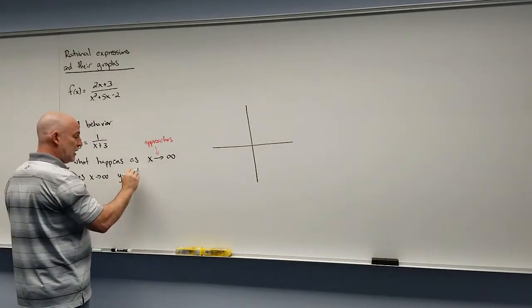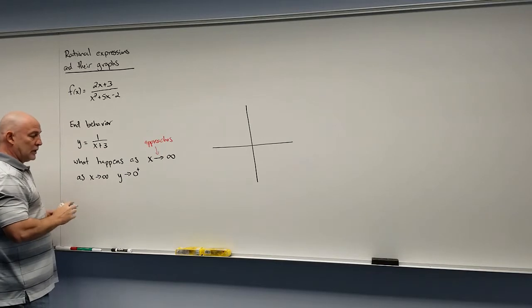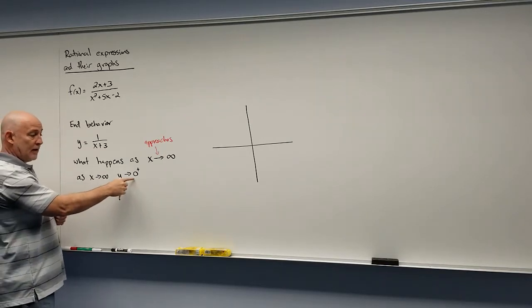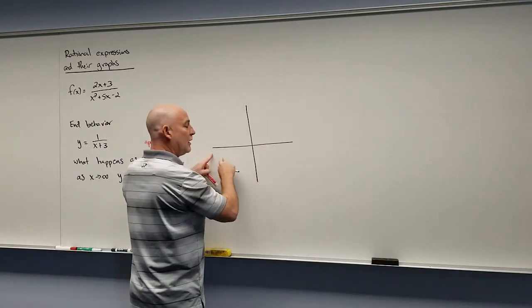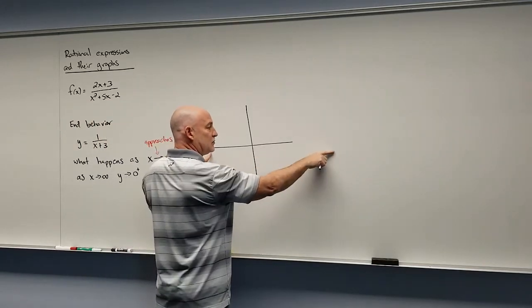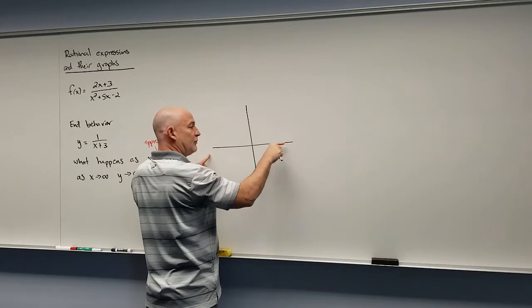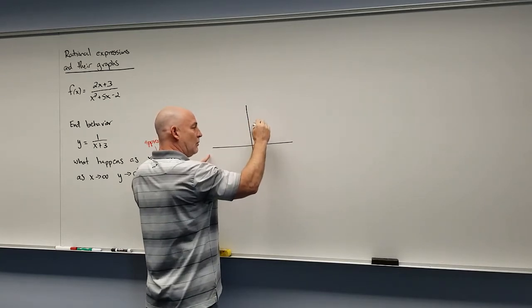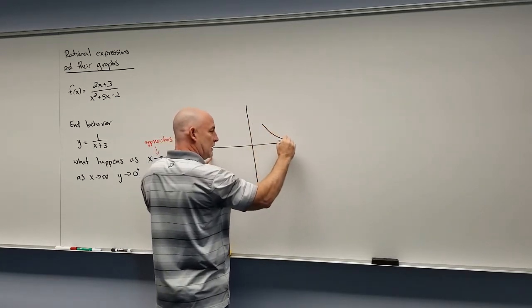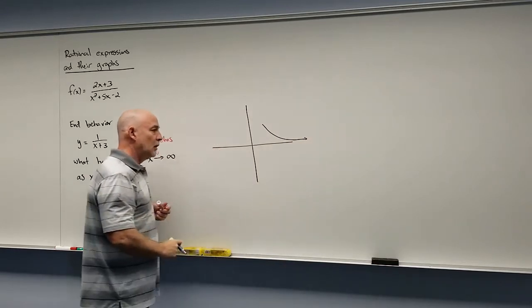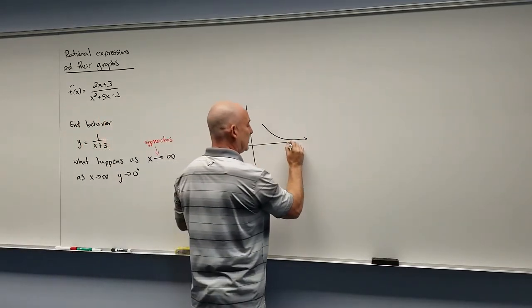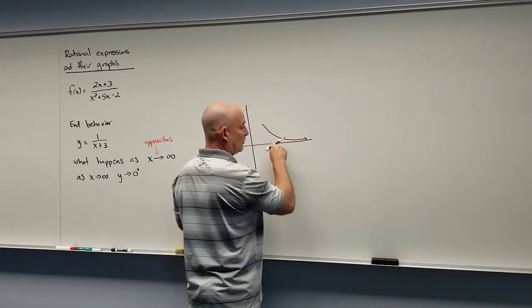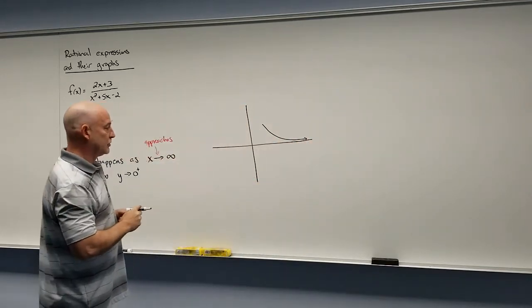So to the upper right of that, I'm going to put a little plus, which means I'm heading to 0 from the positive side. So here's the line y equals 0. As I head this way, my graph's going to head towards this, but from the positive side. Now it never actually gets to 0 because it's just getting smaller and smaller, closer and closer to it.